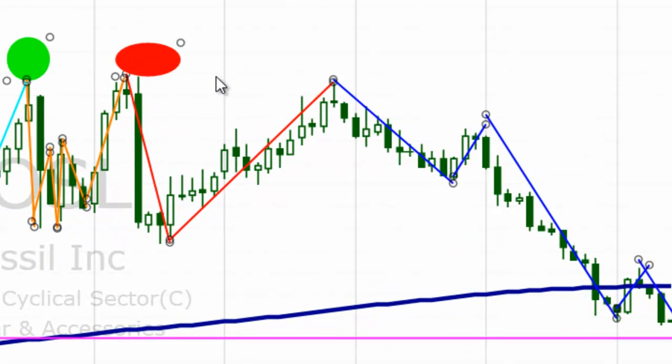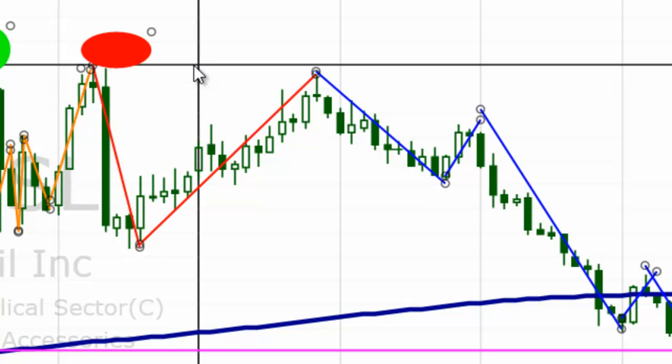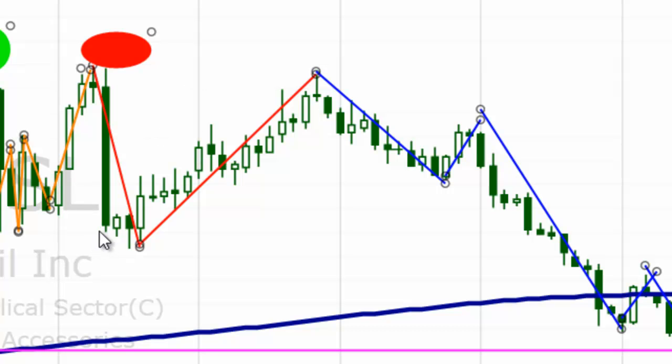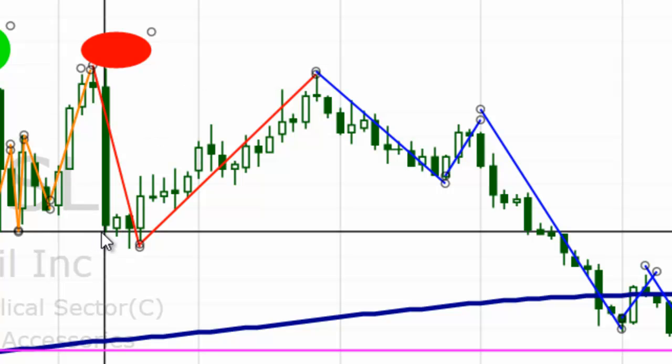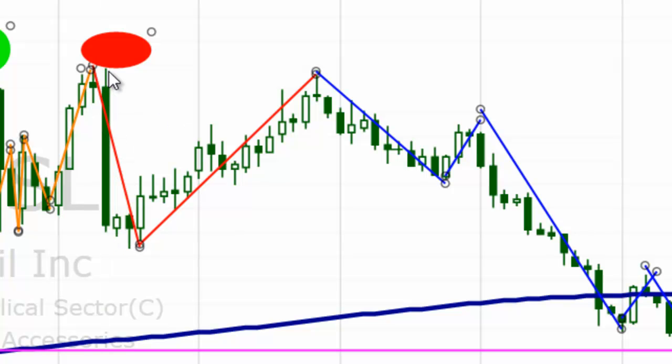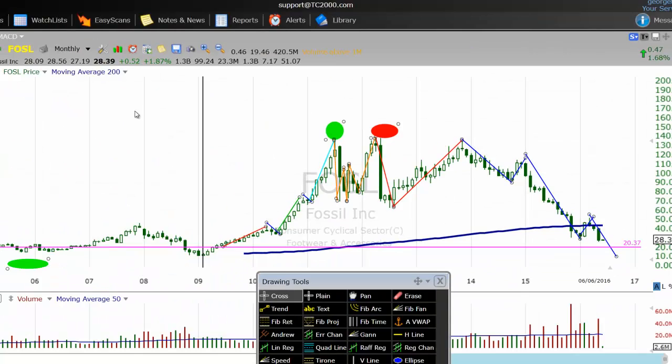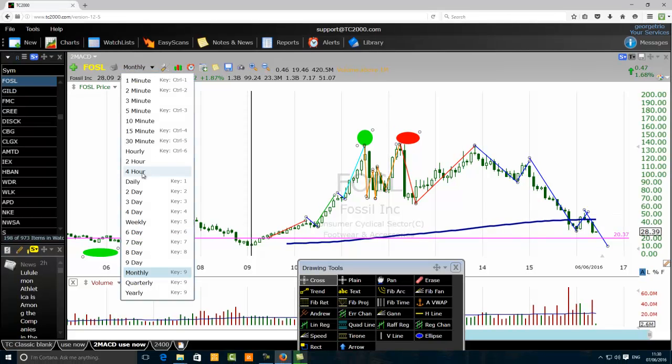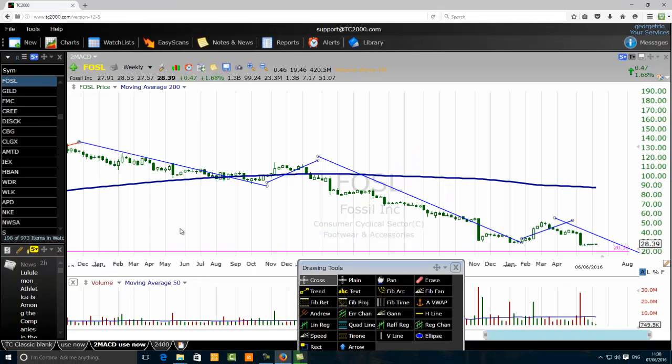All right? So this stock went down from $140 straight down to $70. Wow, a $70 price move in 1 month. If we go to the weekly chart, maybe it's not even in 1 month. Let's see how this went.